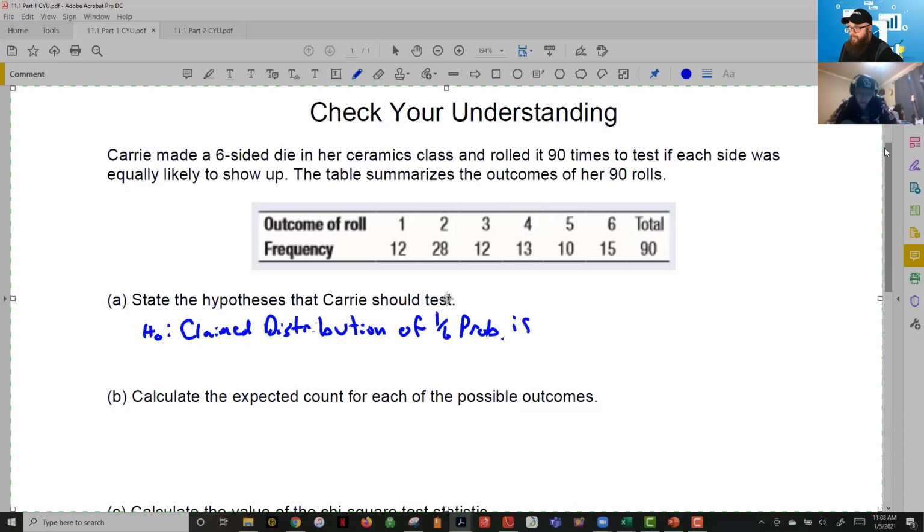That's what Carrie wants to say, that she has an equally sided die and it's fair to everybody.